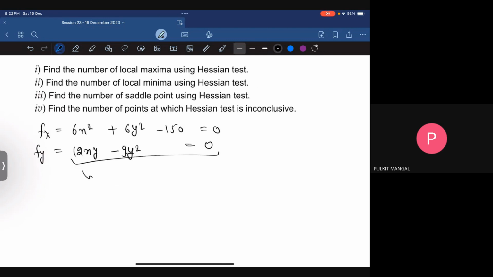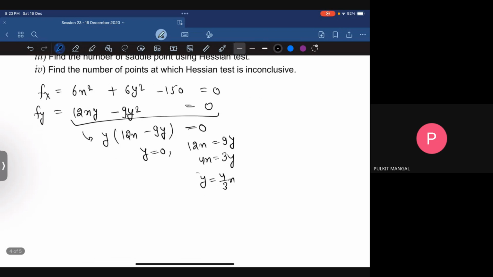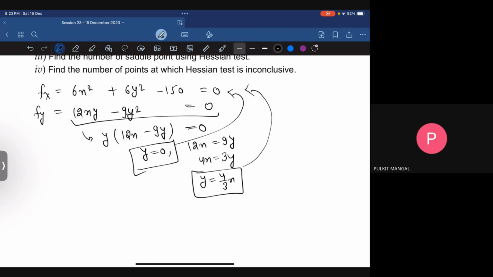Now from this equation I can take y common: y(12x − 9y) = 0, so y = 0, or 12x = 9y, that is 4x = 3y, so y = 4/3 x. Now we have to put these two values in the above equation and find the value of x.